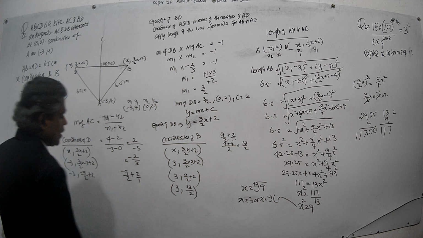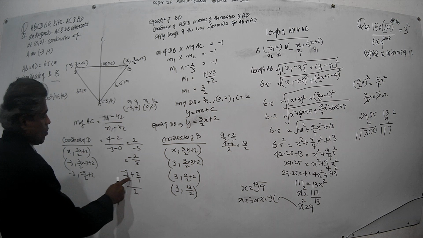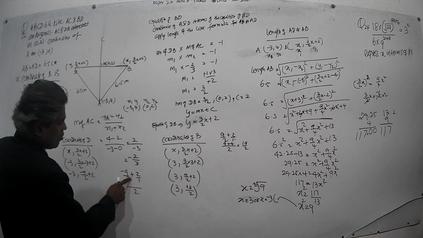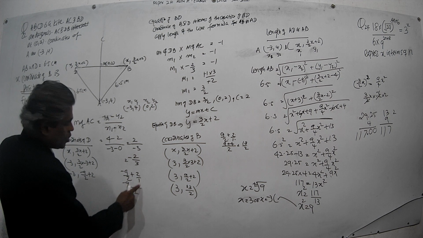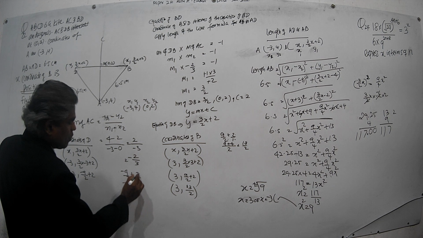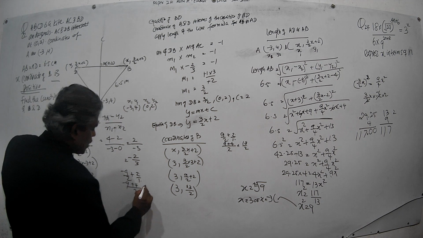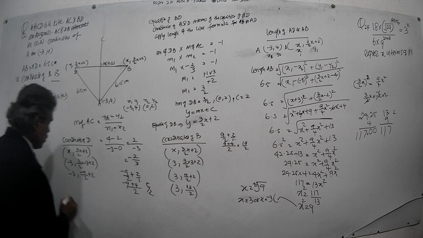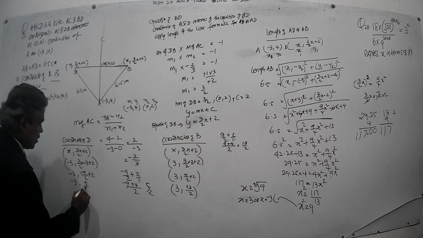Denominator 1, then LCM is 2. 2 times 1 is 2, 1 times minus 9 is minus 9, then 1 times 2 is 2, 2 times 2 is 4. Then minus 9 plus 4, how much? Minus 5. So minus 5 over 2.